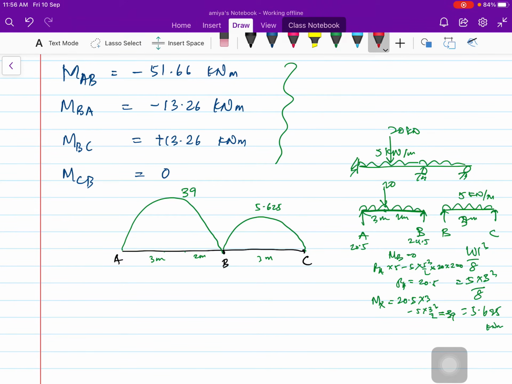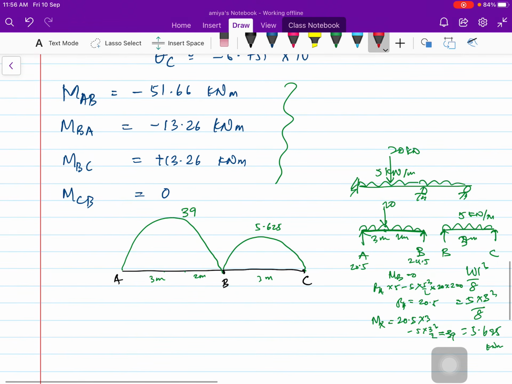With this, I'm going to superpose the support moments. Here the support moment at MAB is minus 51.66, so somewhere like this, 51.66. This is negative, whereas this was positive.